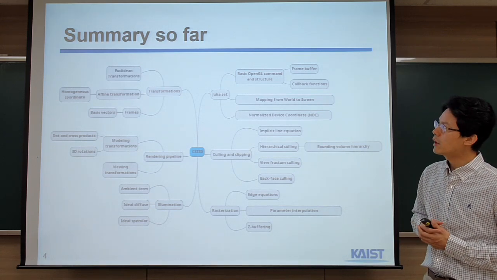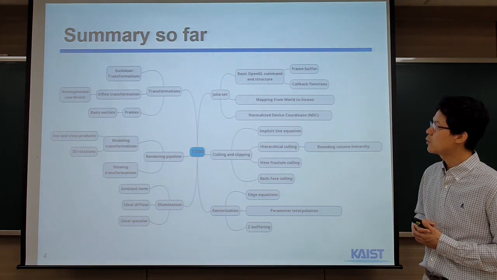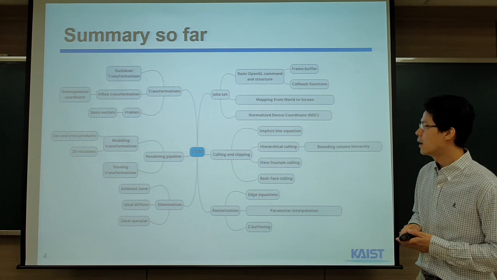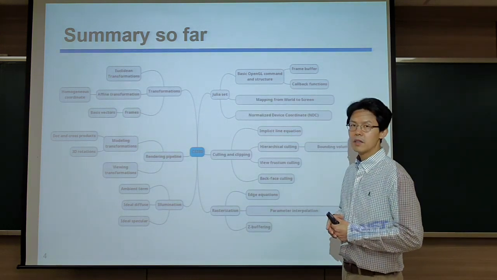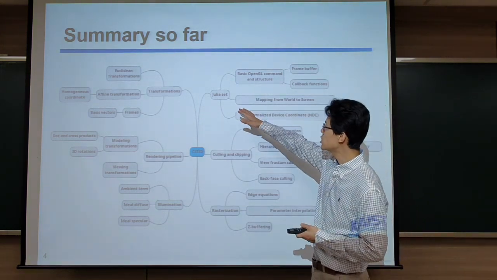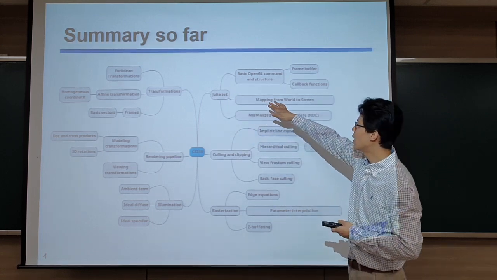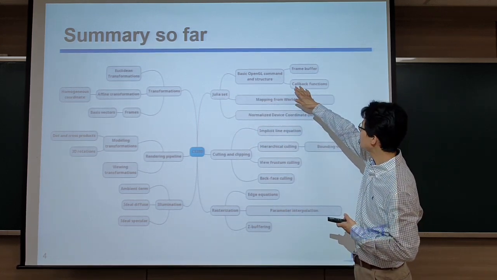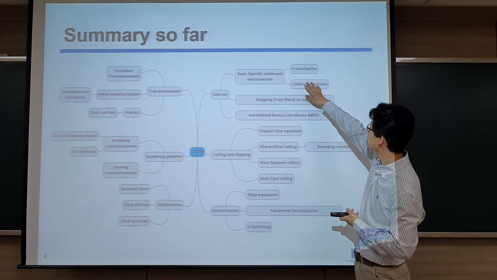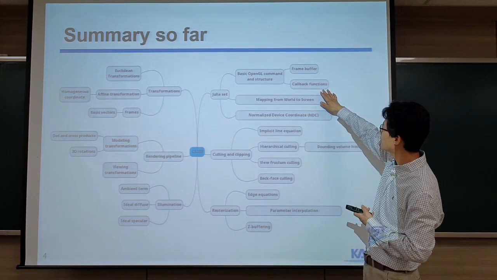Before we move on, I'd like to quickly summarize what we have talked about so far. In the beginning of this course, we initiated our discussion based on visualizing the Julia set. Along that application, we talked about some of the basic OpenGL commands and structure, like the frame buffer and the callback function.